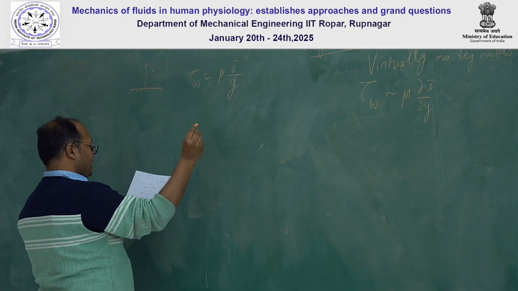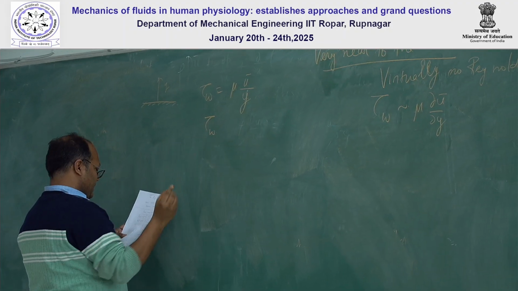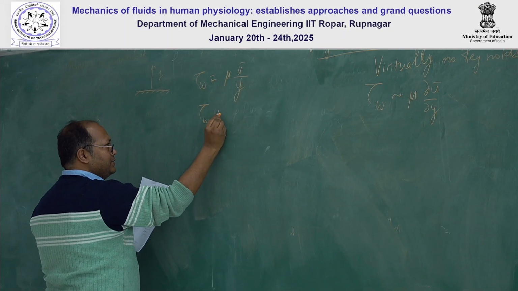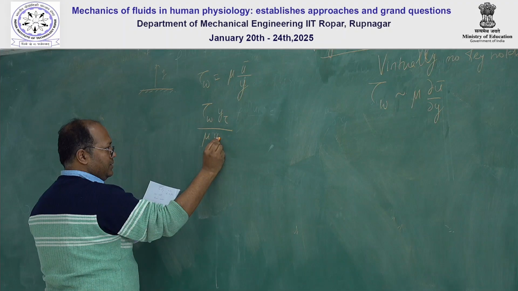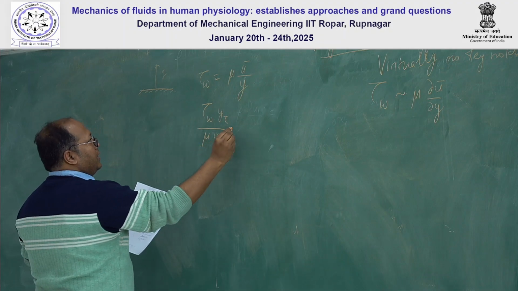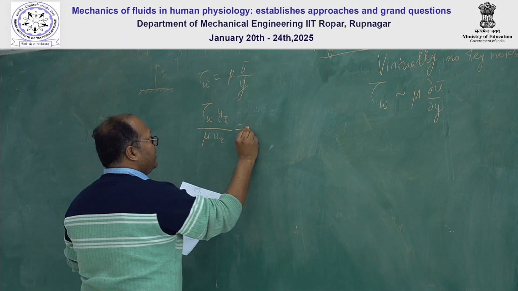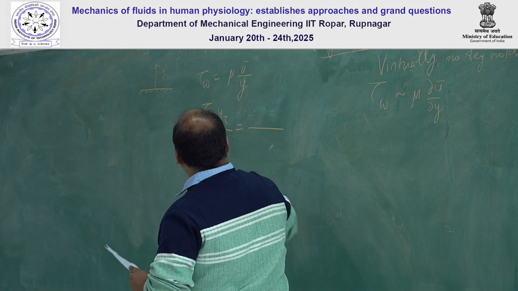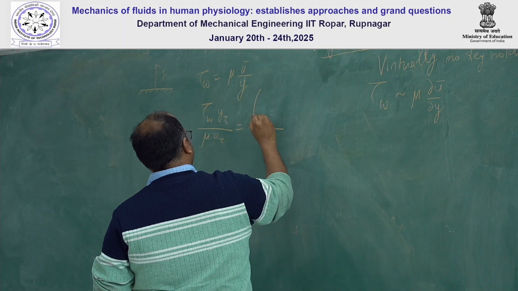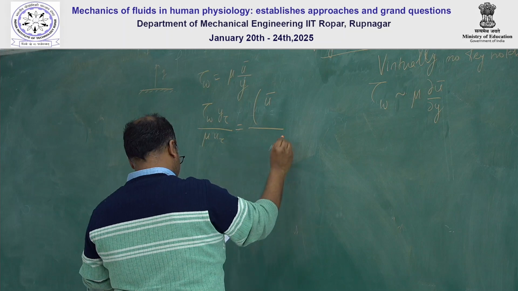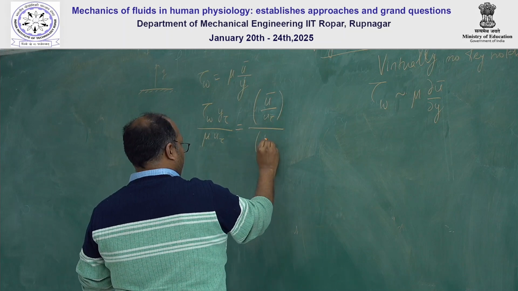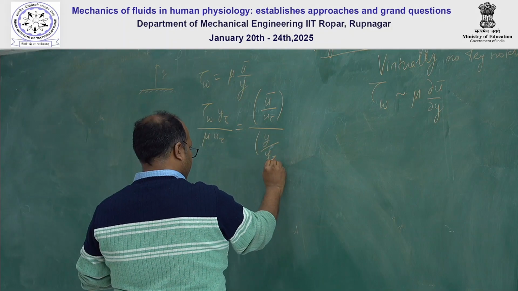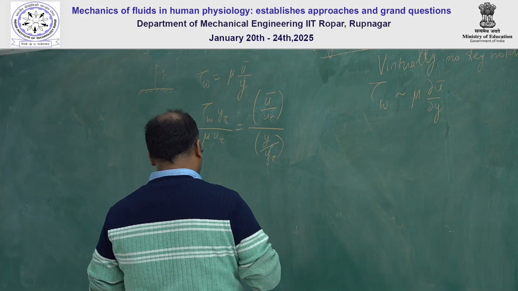Then we can do some algebraic manipulation like this: y tau, mu by u tau, and we divide here. This mu is taken to this side. What we will do is u bar by u tau and y by y tau.